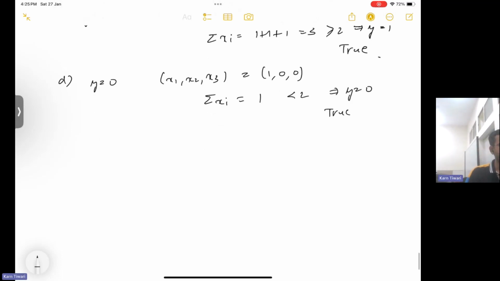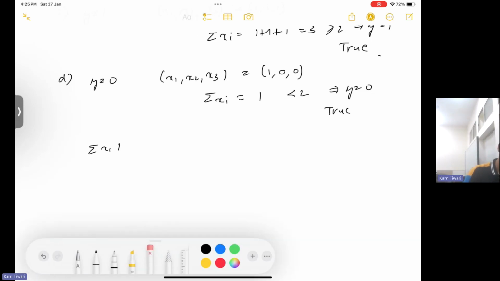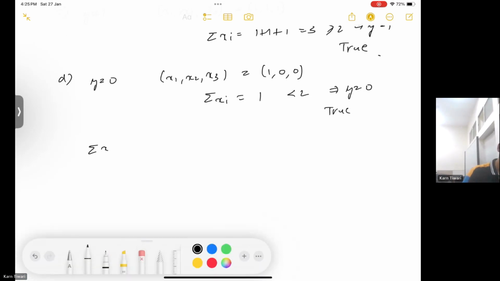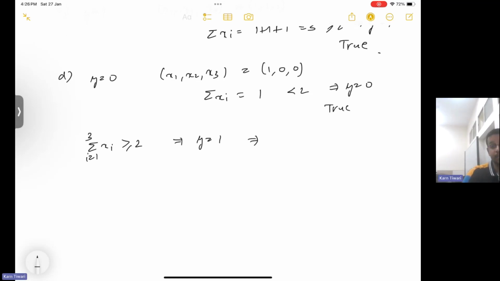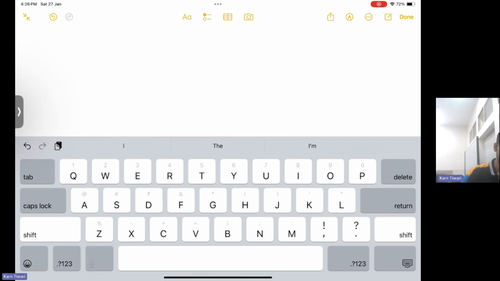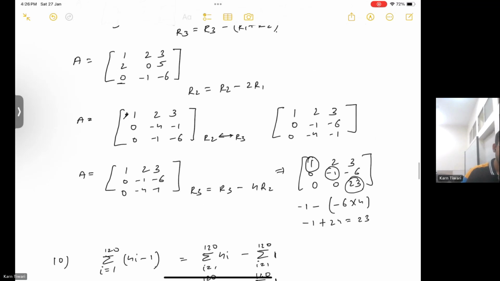If you don't want to solve for each and every case, just remember to do the summation of xi, with i ranging from 1 to 3, which should be greater than or equal to 2, implying y equals 1. As it's a binary function, there should be two ones in my input.